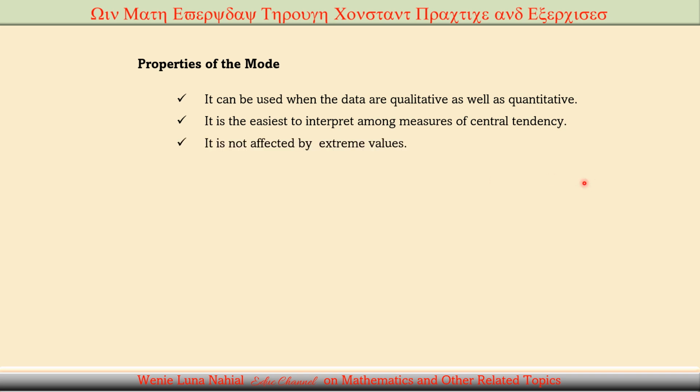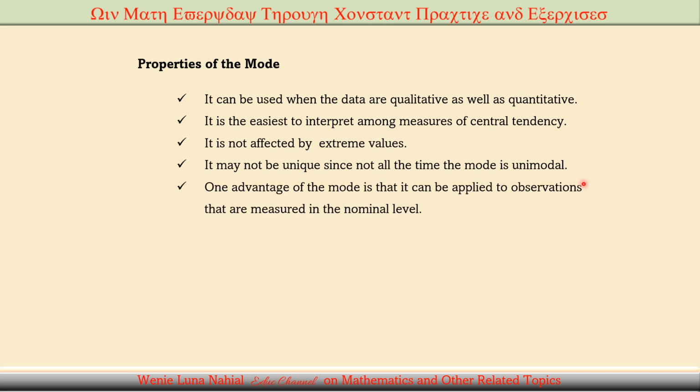It is not affected by extreme values. It may not be unique since not all the time the mode is unimodal. Sometimes it's bimodal, and sometimes also it is multimodal.